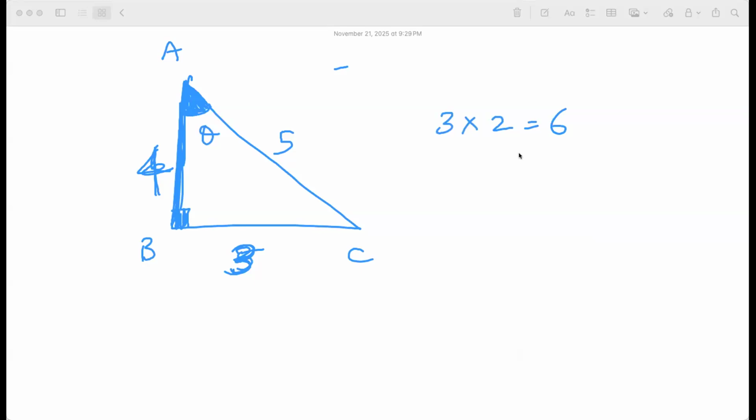Just multiplication, right? But if you don't know one of those, then what operation do you do? You just reverse it, right? Division. You just do the opposite. So multiplication opposite is division. Division opposite is multiplication. You all know already.